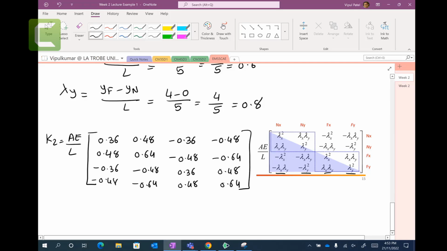Stop sign, check, all positive. These are positives, one check done. This one 0.36, 0.64, all diagonals are positive. First check done. Second check: this guy same, 0.48, 0.48, and this one same. Perfect. Quick check, these are same. Very good.